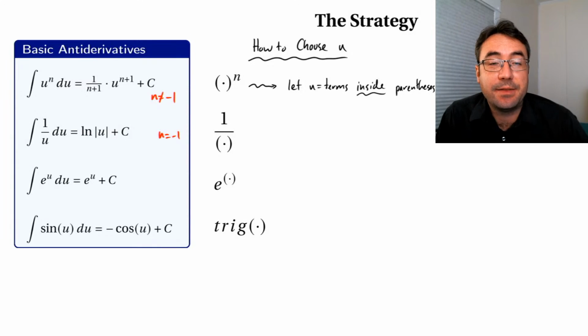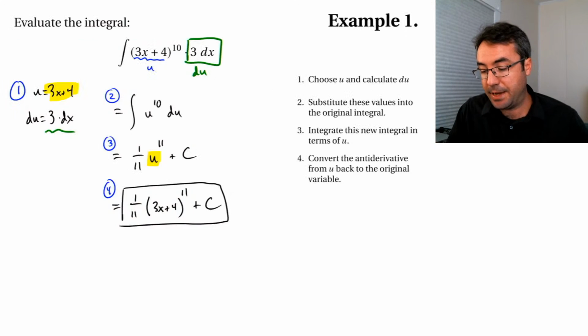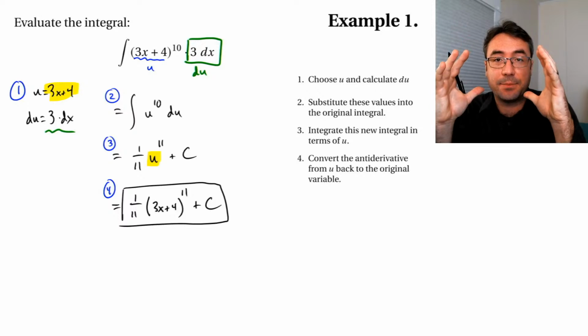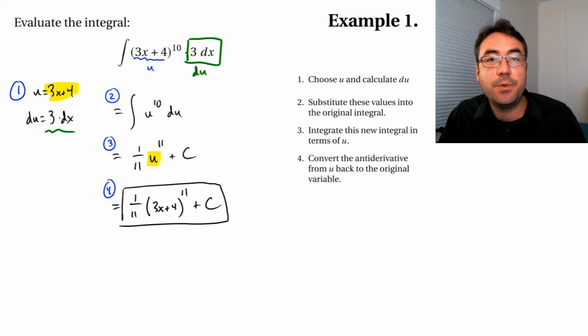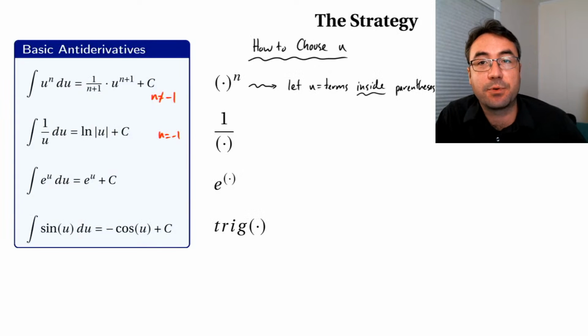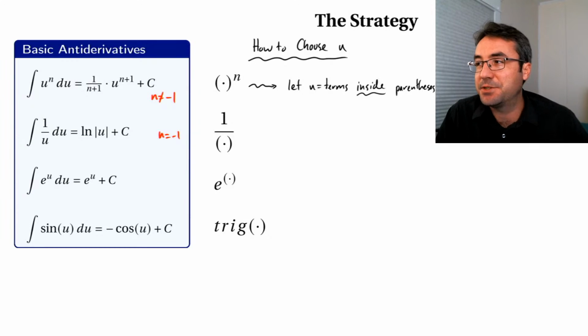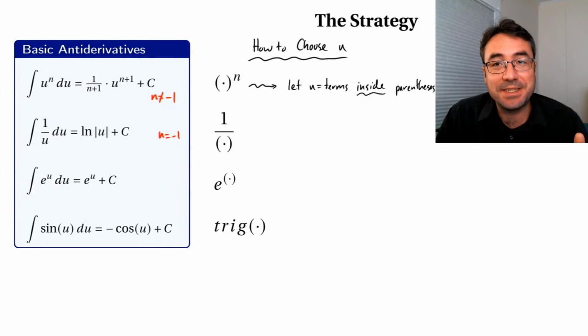And that's what we just had in that last example. We had 3x plus 4 inside the parentheses, so we let u equal 3x plus 4. So you let u equal the term that's inside the parentheses. That's really the main strategy: when you see parentheses, that should be your choice for u.